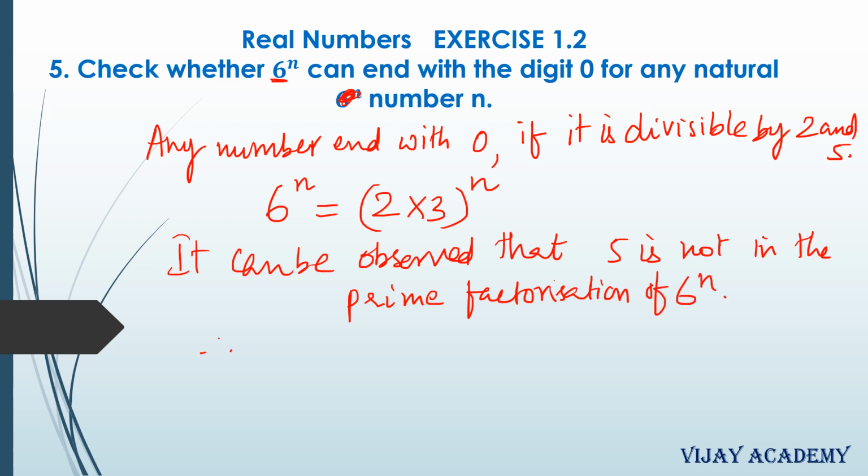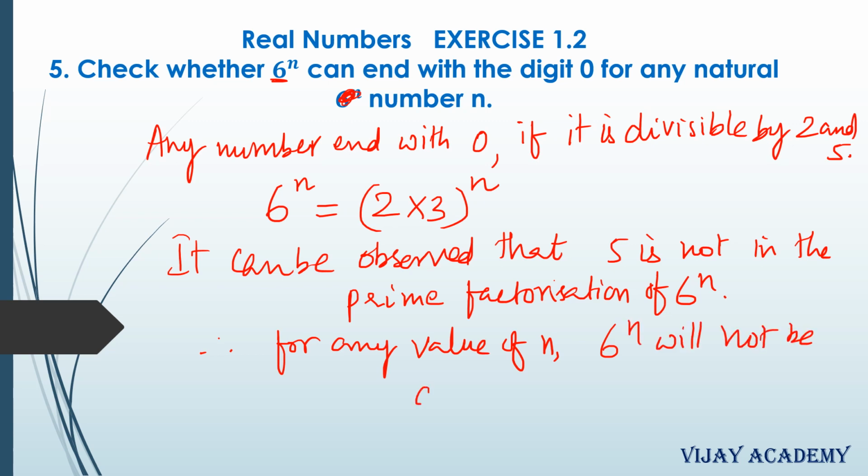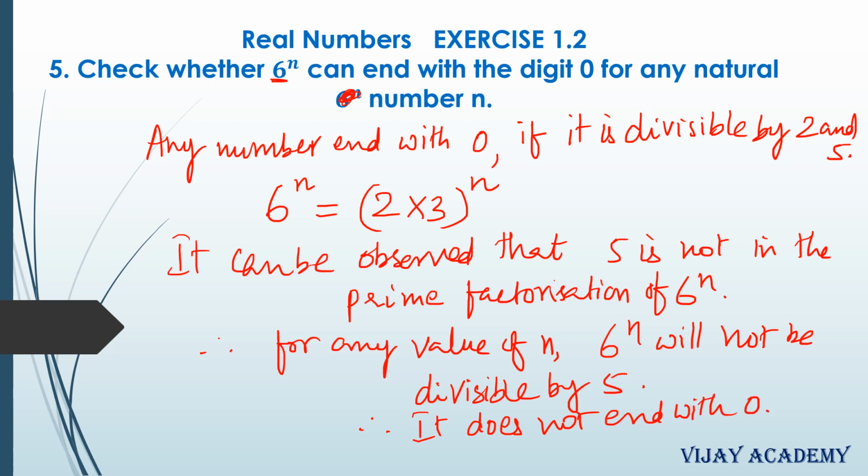Therefore, for any value of n, 6 power n will not be divisible by 5. Therefore it does not end with 0.